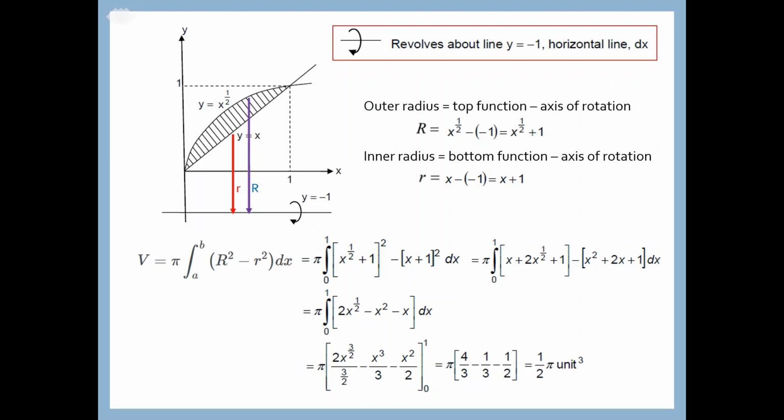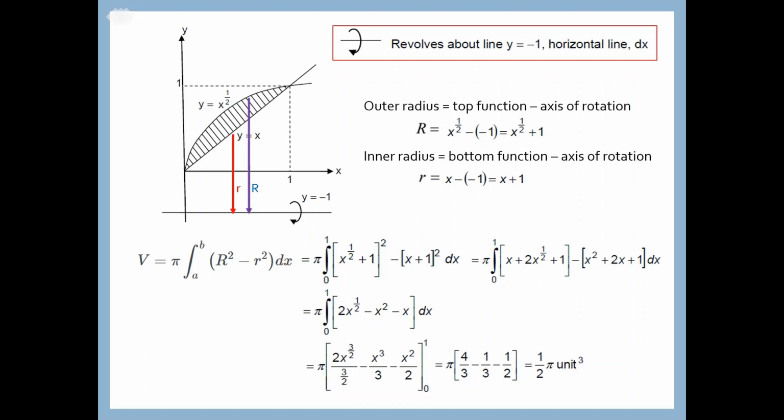Here, the outer radius is equal to x to the power of 1 over 2 minus -1, and the inner radius is equal to x minus -1. Then subtract the inner radius squared from the outer radius squared and simplify.